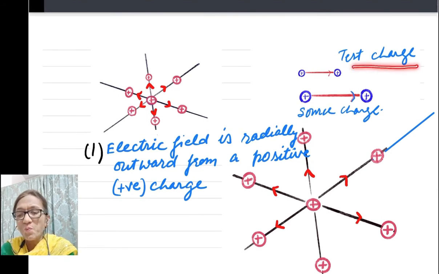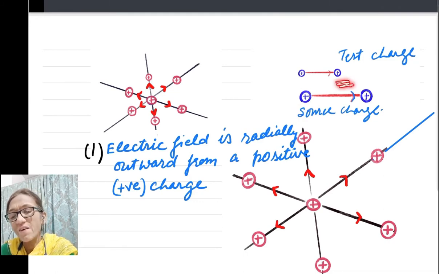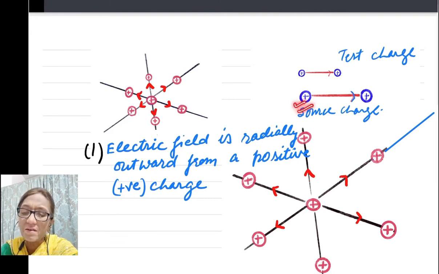When you place a test charge to test the electric field of a source charge, and if the source charge is positive, you will find that a positive test charge is repelled by this positive source charge, and this direction of repulsion gives the direction of electric field of this source charge.